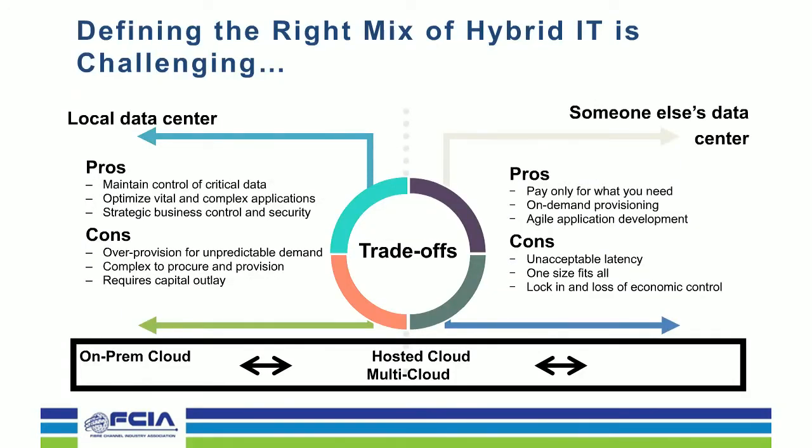And one of the big problems that has occurred is that it was so enticing to jump on the hybrid bandwagon and go off-prem and take advantage of what looked to be a simplification of the model, use someone else's data center and not worry about on-prem as much. And, gee, what happened?